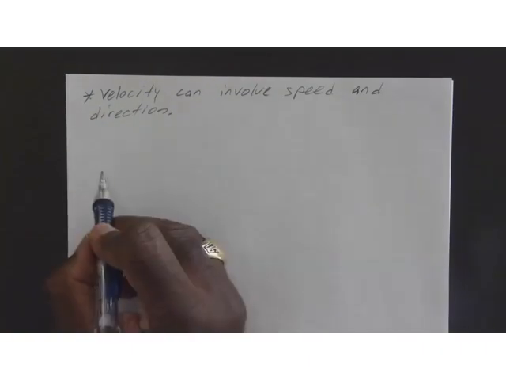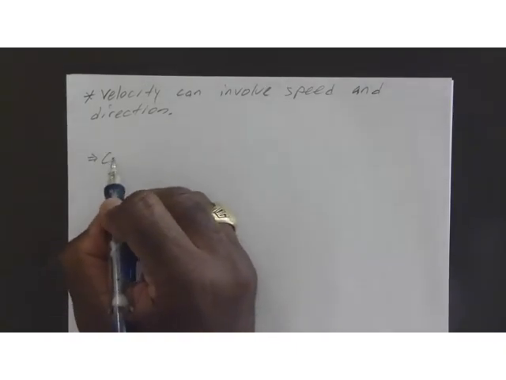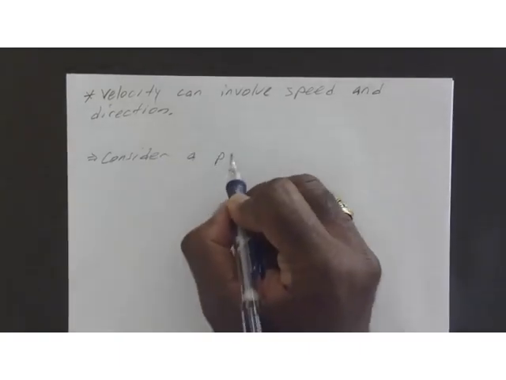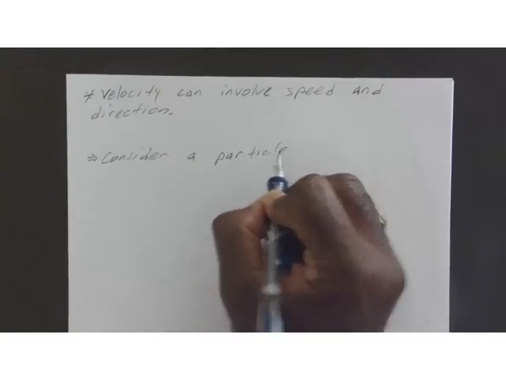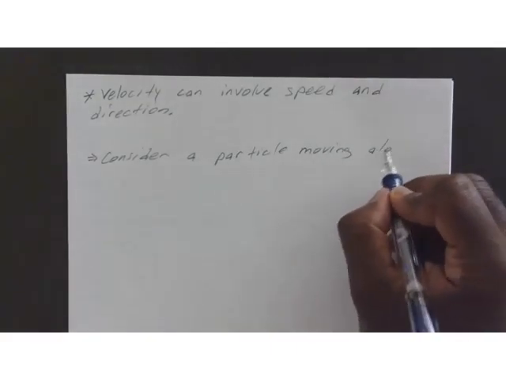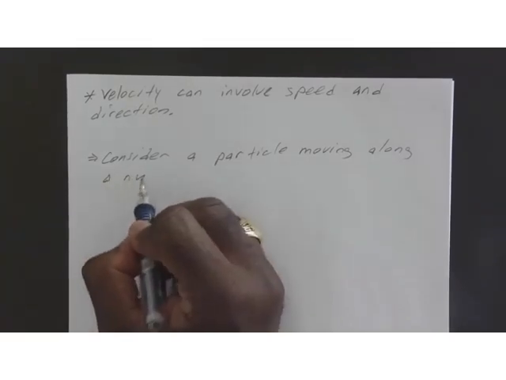So let's say, for example, if we consider a particle moving along a number line.